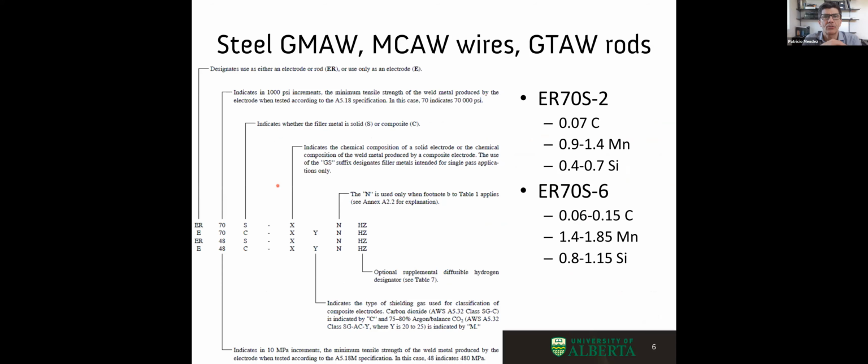Let's talk about the consumables for MIG, metal core, and TIG. In this case, the consumables are under the same standard for naming them. And let's start with this. The name would be something like ER70S-2. And I would know immediately that it's a MIG wire. Why? The ER means E for electrode, or R for rod.